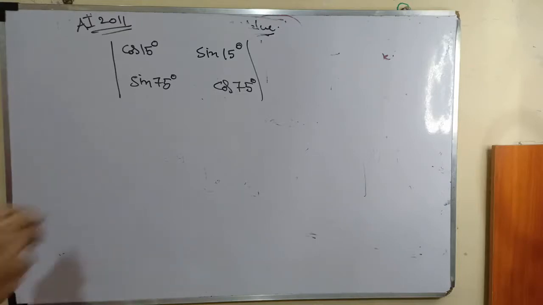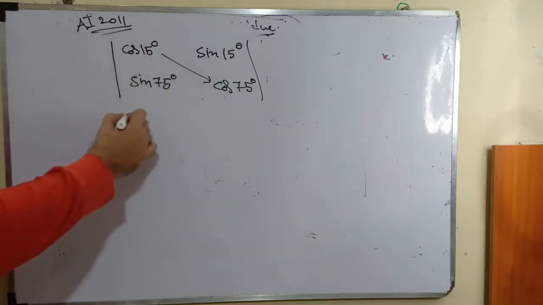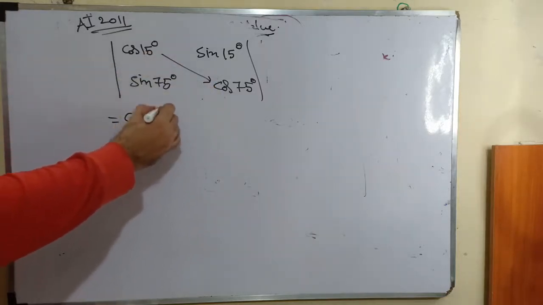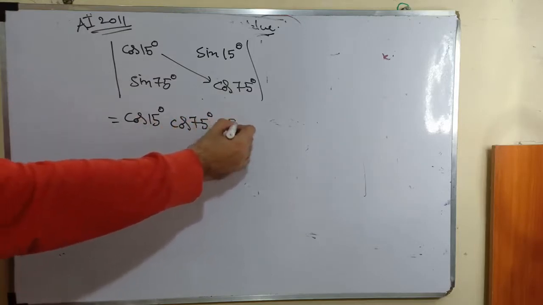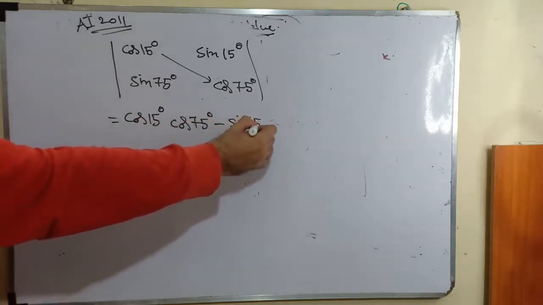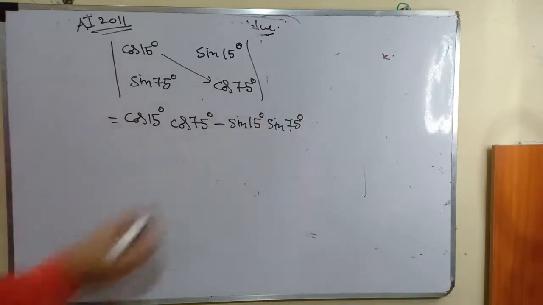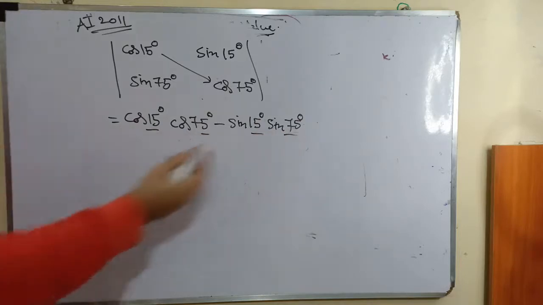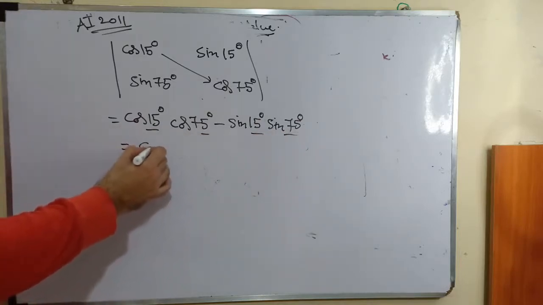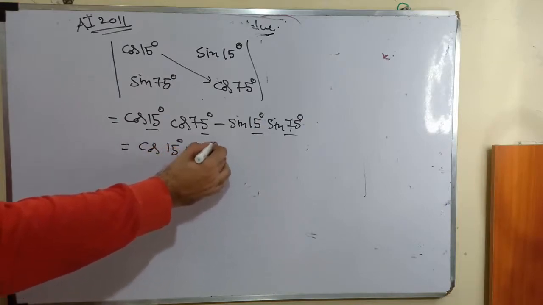Now let's understand this. So let's expand this one. So AD, that is cos 15 cos 75 minus sin 15 sin 75 degrees. When you expand this one, this is of the form cos A cos B minus sin A sin B, which is cos of A plus B, cos of 15 plus 75.